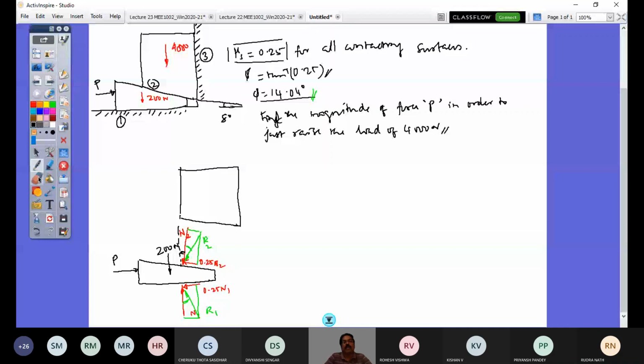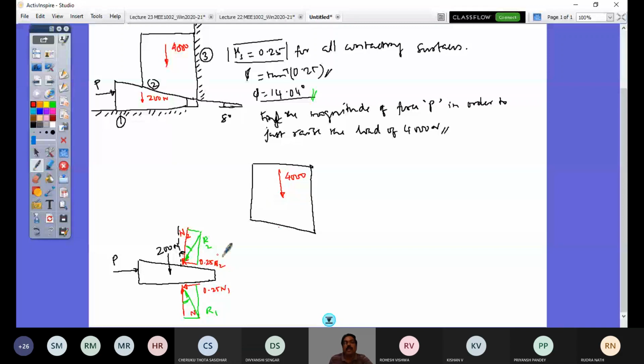So now look at this block free body diagram. So this is the free body diagram of the wedge. Now what would be the free body diagram of the block? Let me redraw this diagram neatly again. So that would be somewhere here I draw. So now in this I have the weight 4000 Newton, and this surface normal, right?